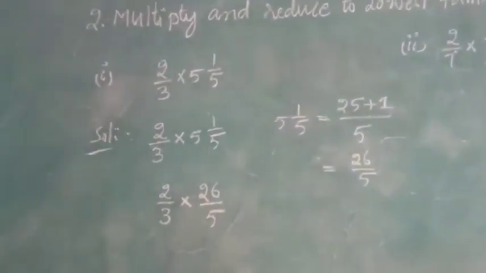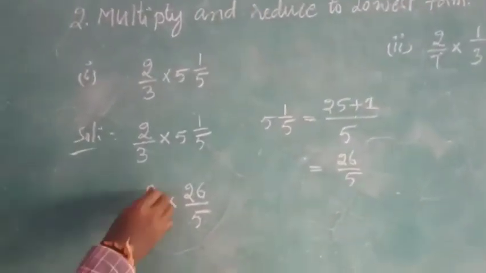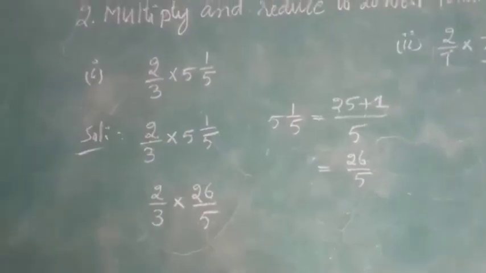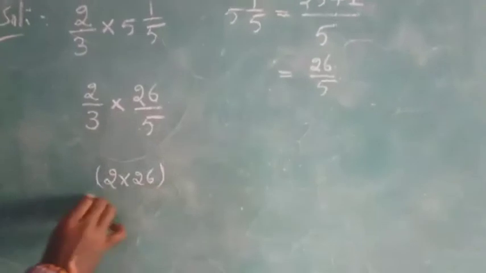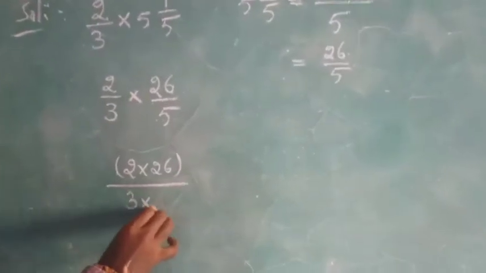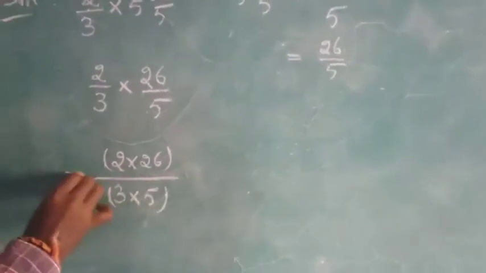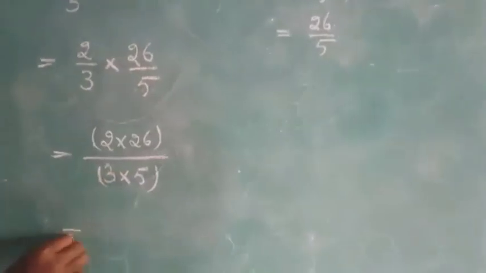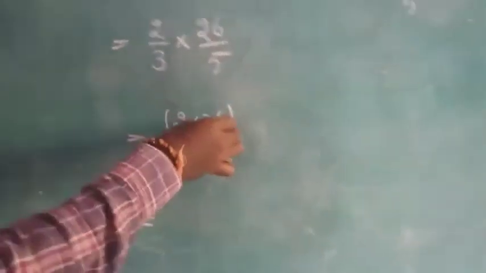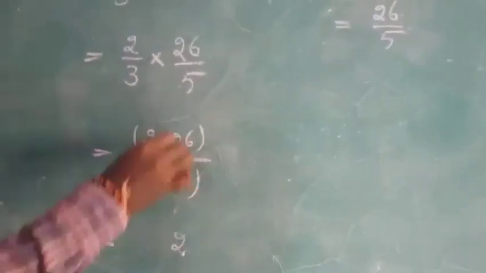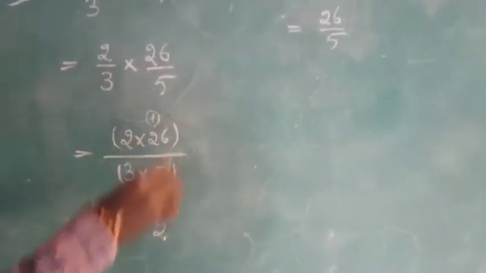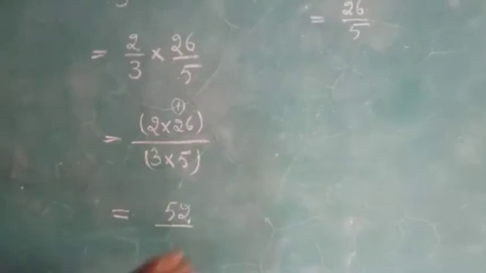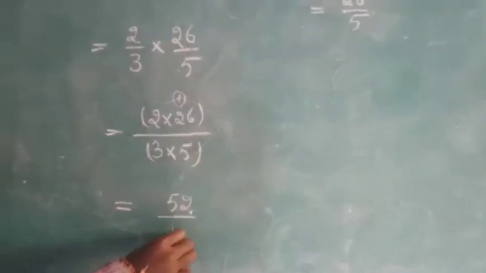Yes or no? Then here you need to do the multiplication. So 2 into 26 by 3 into 5. So here 2 6s are 12. 2 2s are 4 plus 1, 3 5s are 15.